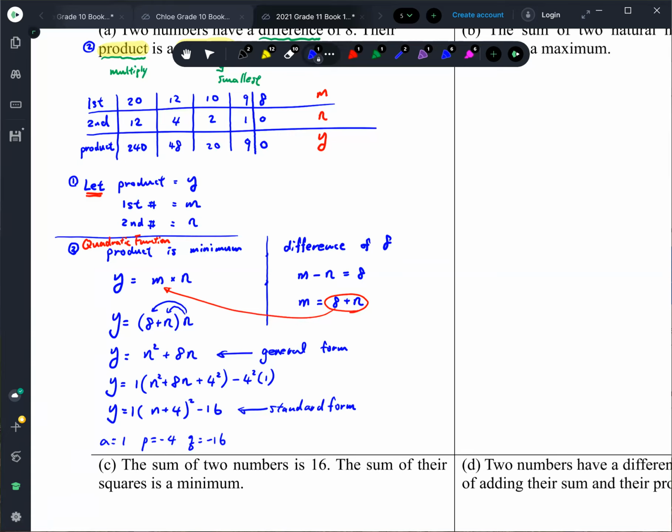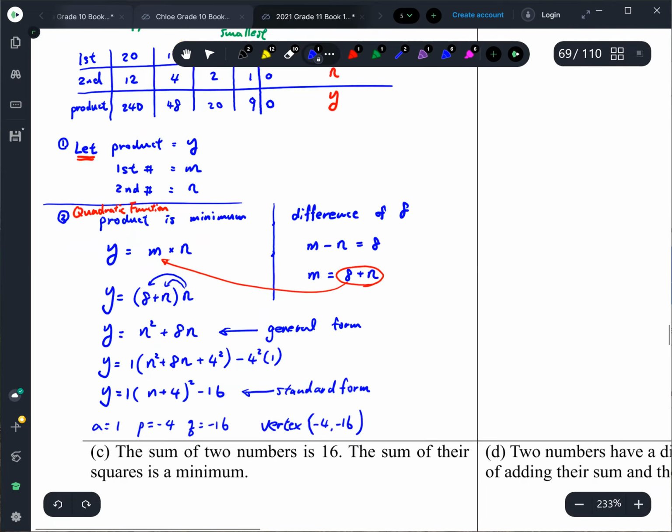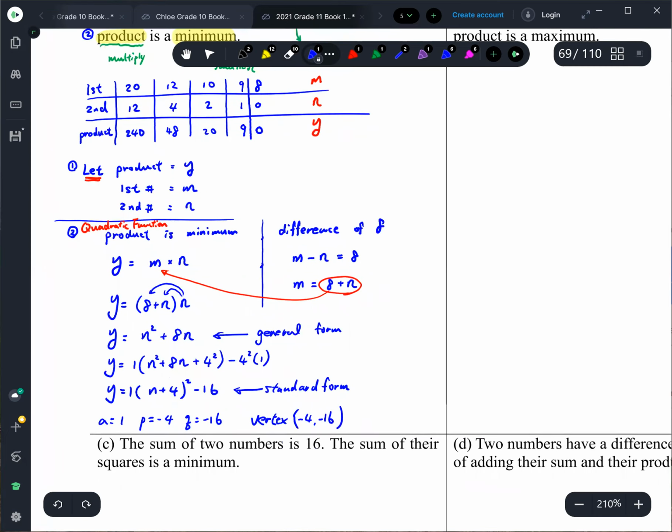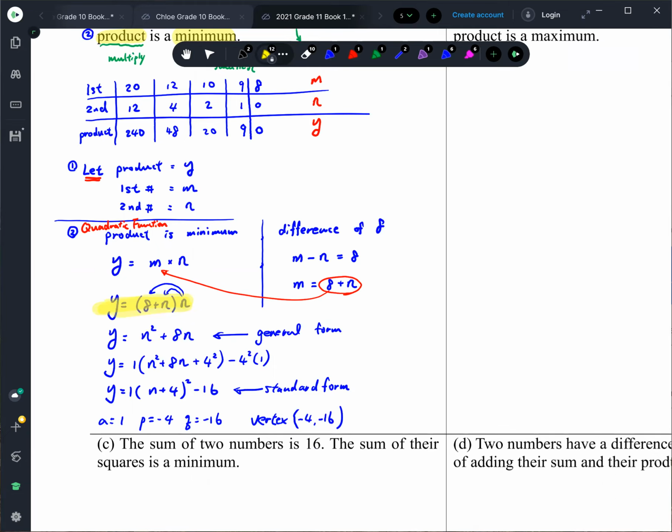So from here, we know that we have a vertex at, okay, where's the vertex, Valerie? -4, -16. Okay, now we want to connect this to the word problem. The two variables that we have, if you look at the highlight here, the initial equation that we formed, the yellow part, the two variables we have are n and y.